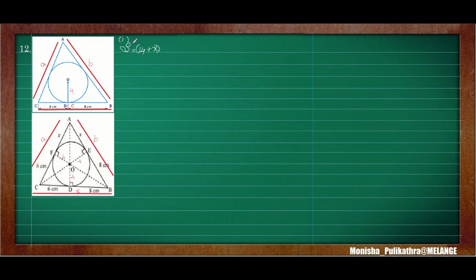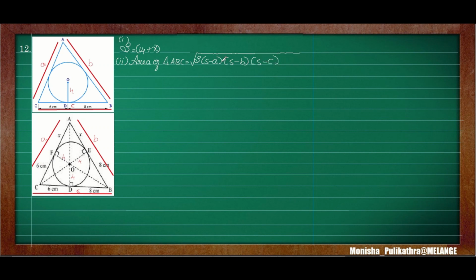Next, we need to find out the area of triangle ABC. Second, area of triangle ABC. The area of triangle ABC is given by the formula square root of s into s minus a into s minus b into s minus c.